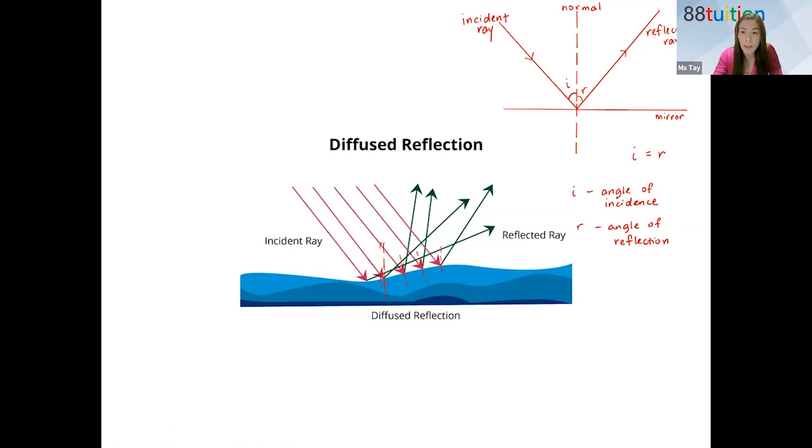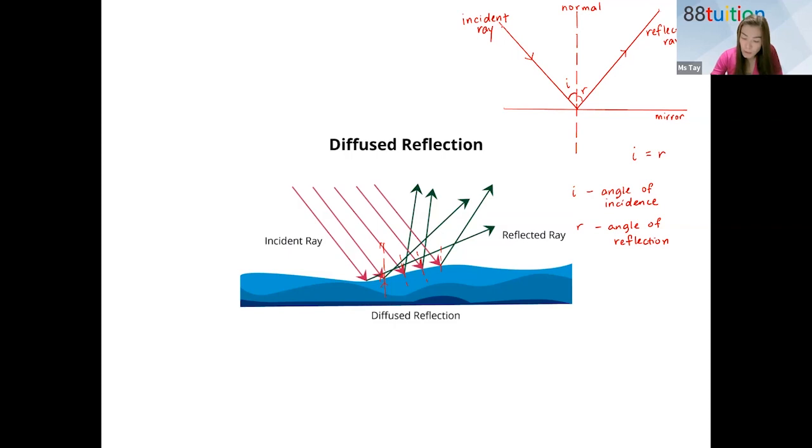Don't call this normal line. If you label this as normal line, you are going to lose marks. It must be just normal. Draw the normal. And then the incident ray, the arrow, is very important. I highlighted this to all of you in the last lesson.